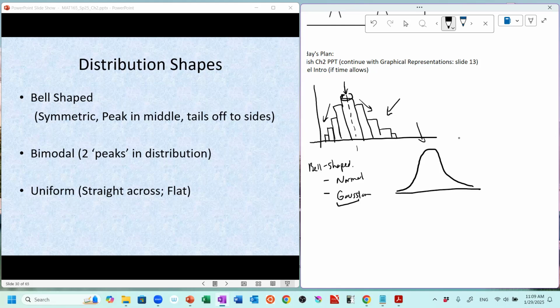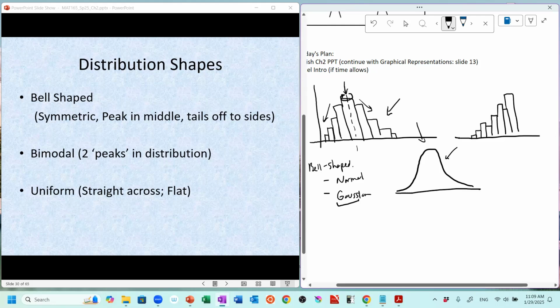But if we actually looked at real-world data, even if it came from something that followed perfectly a normal or bell-shaped distribution, what would the actual histogram look like? It wouldn't look perfect, right? We might get a little lower frequency there than we expect. We might get a little higher here than we expect.